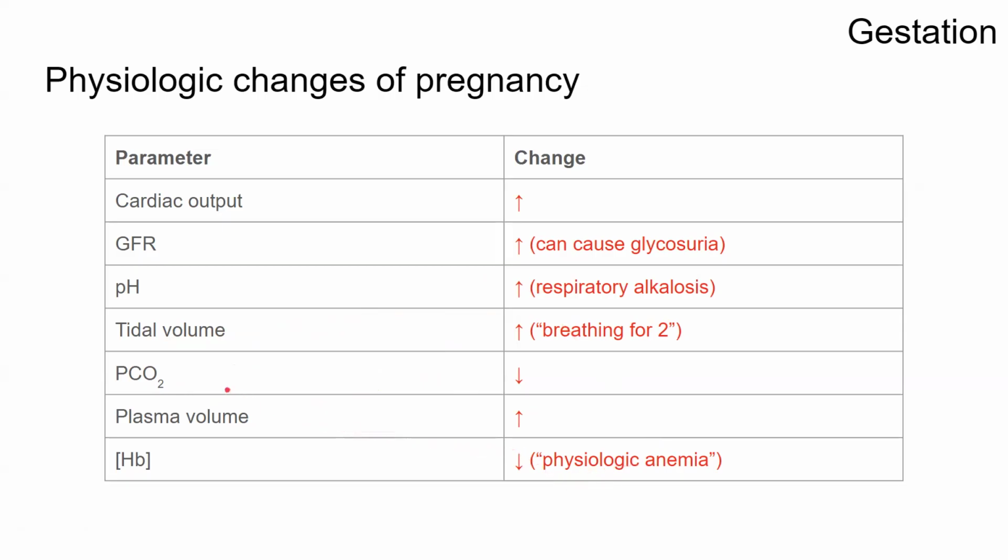Mom's plasma volume increases during pregnancy. Plasma volume increases during pregnancy, and then kind of a trick question that shows up is a pregnant mother might come in and somehow you're concerned for an anemia because her hemoglobin or hematocrit are low.